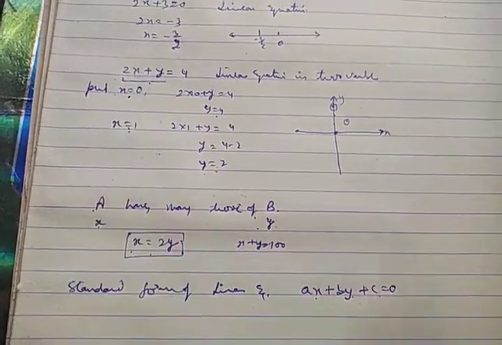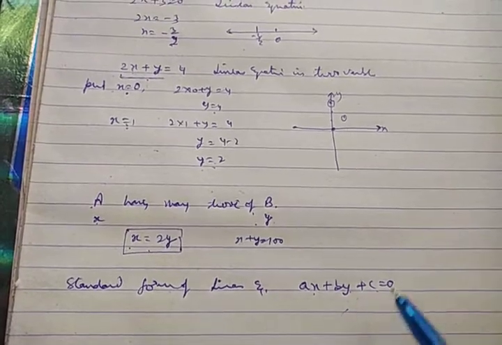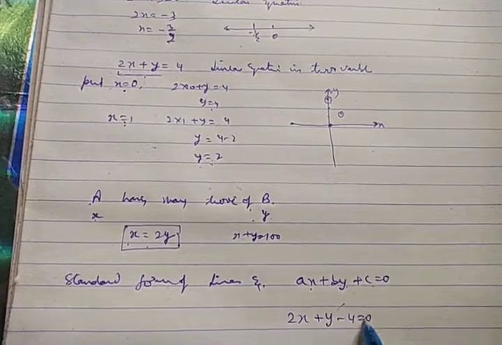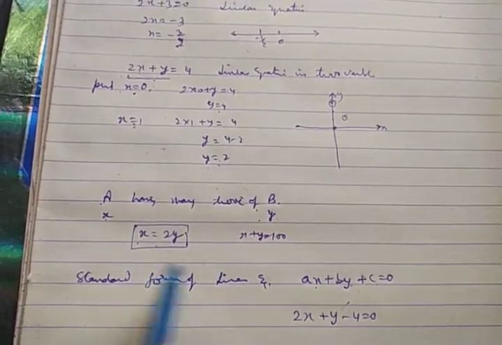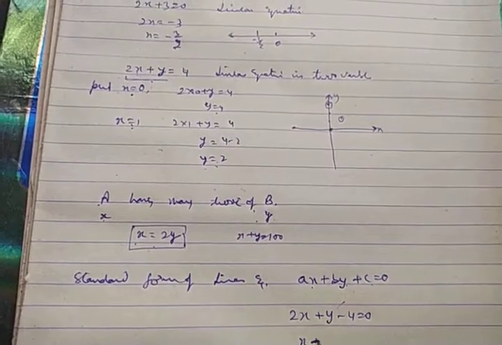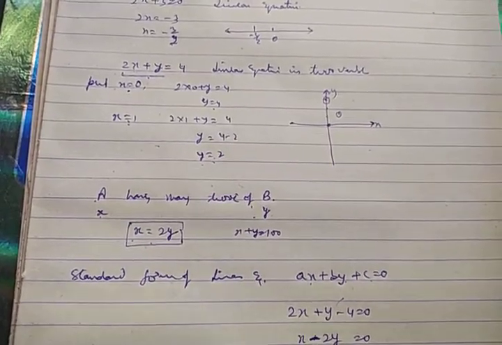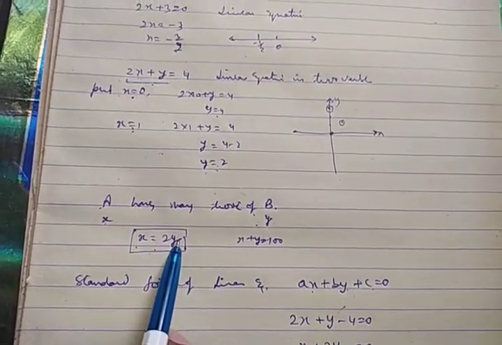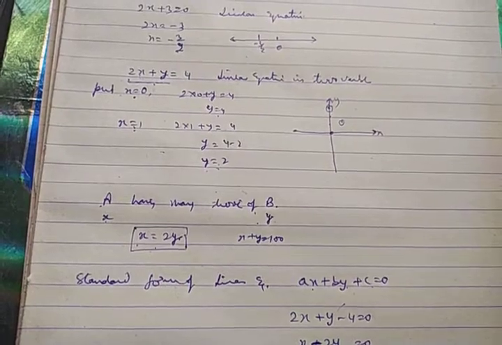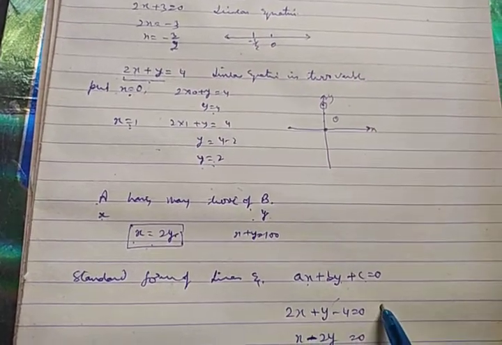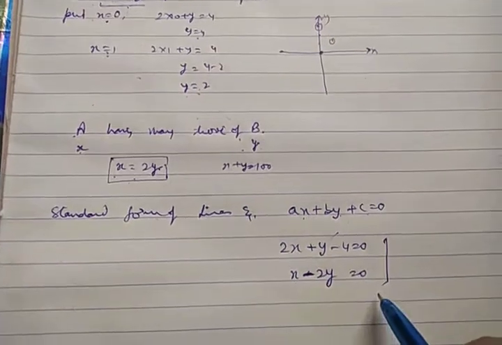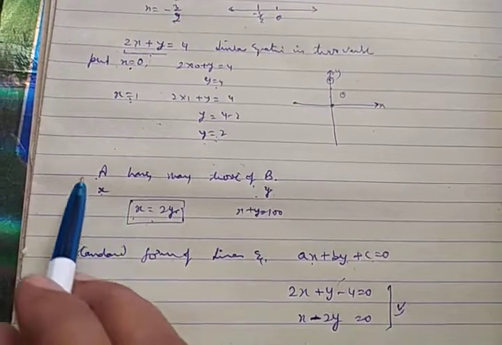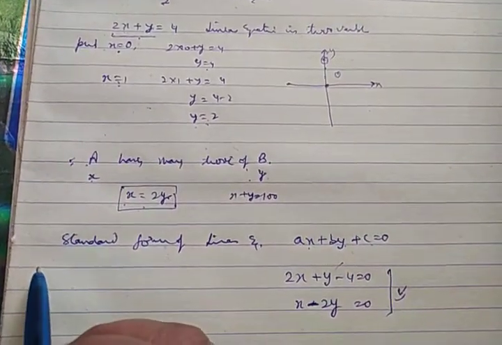If you want to write it in its standard format, it would be written as 2x plus y minus 4 is equal to 0. And this equation can be written as x minus 2y is equal to 0, because the constant term does not exist here. Given equations can be converted into the standard format, and any condition could be formed into a linear equation.